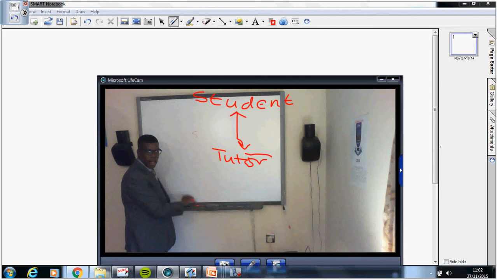So the relationship we are looking at is the tutor-student relationship. So the journey of a teacher is based on the student-tutor relationship.